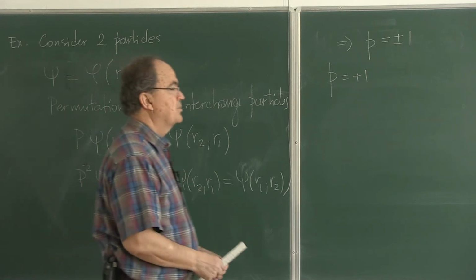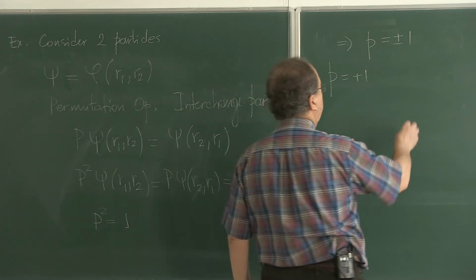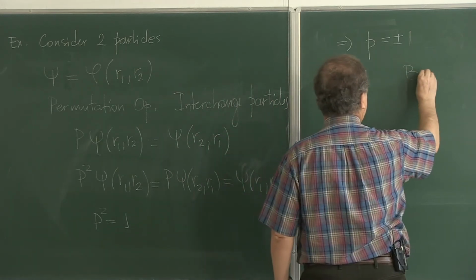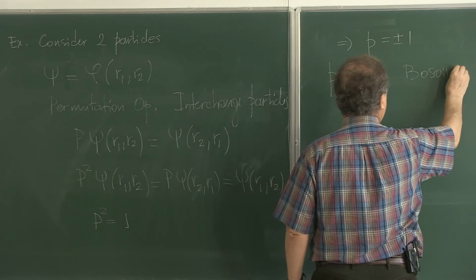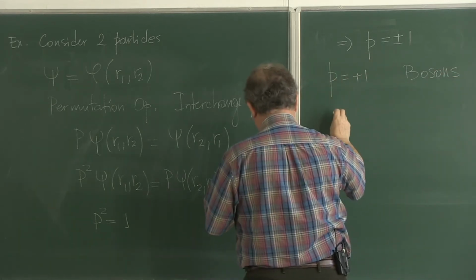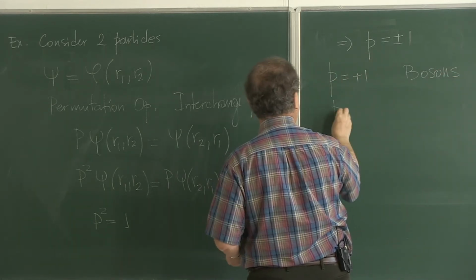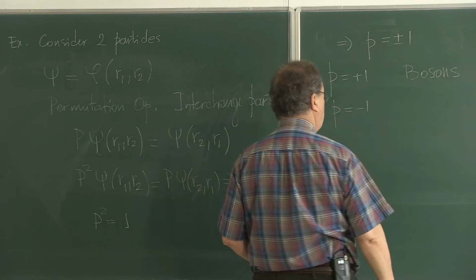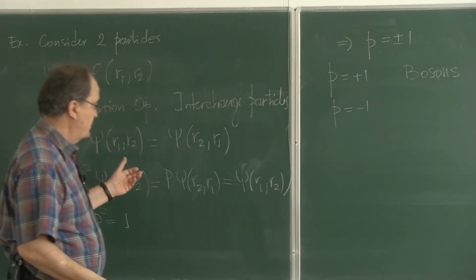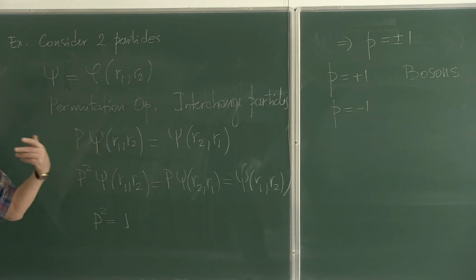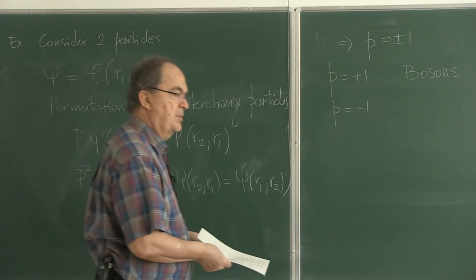We call these bosons. Those who have this property are called bosons. If p is minus 1, that means when you interchange two particles, you get a negative of the wave function. Then you have fermions.